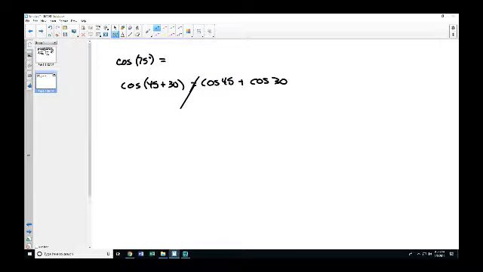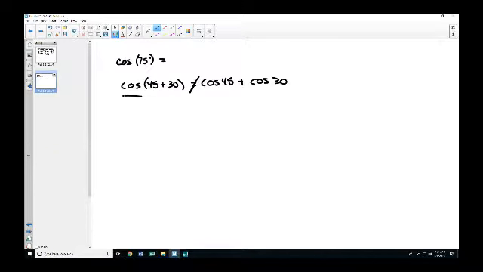That is not going to give you the right answer. Because this is a function, right? We cannot distribute functions. It doesn't work. So be very careful that you don't do this.